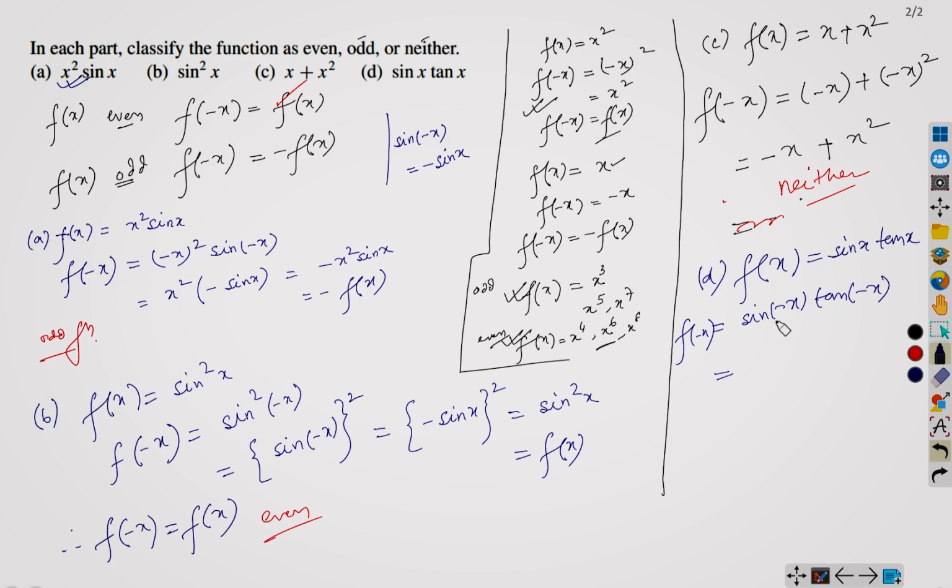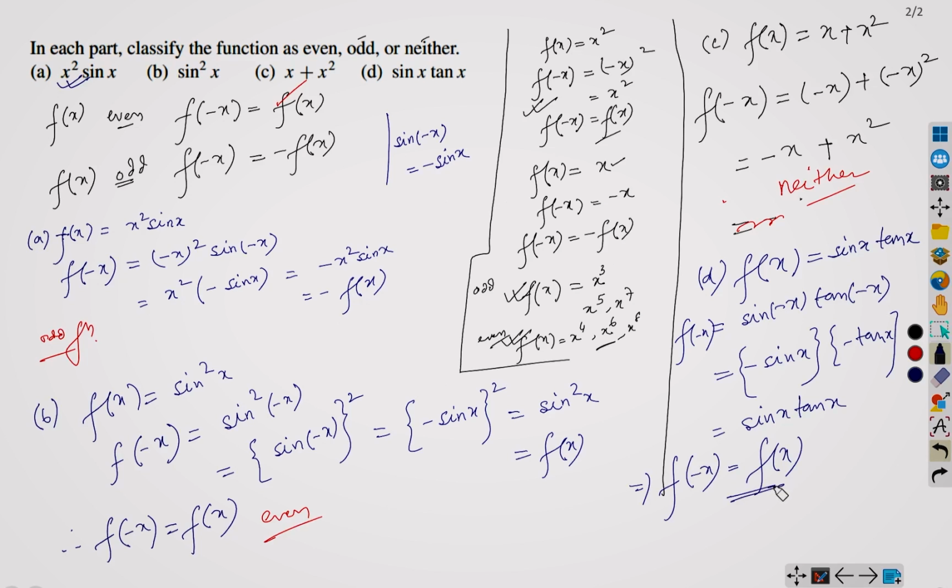Now we know sine of minus x is minus sine x, and tan of minus x is minus tan x. Multiplying, minus minus will be plus, and ultimately we obtain sine x tan x, that is f of x again. So f of minus of x equals f of x. This is again an even function.